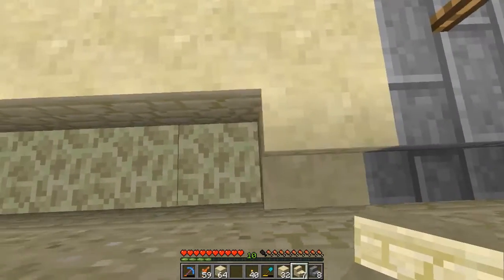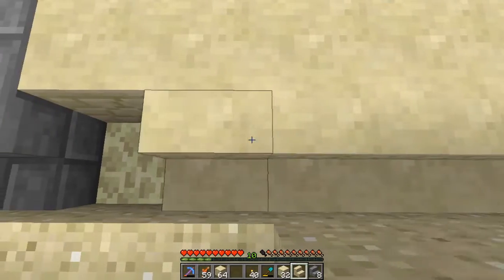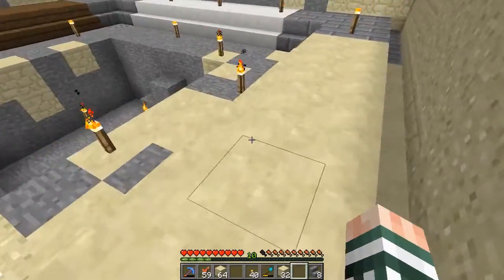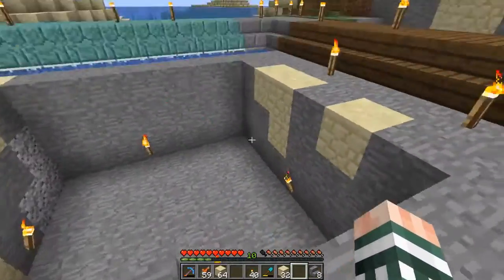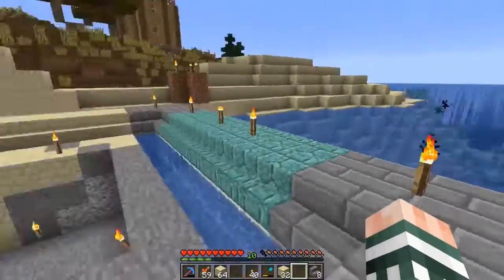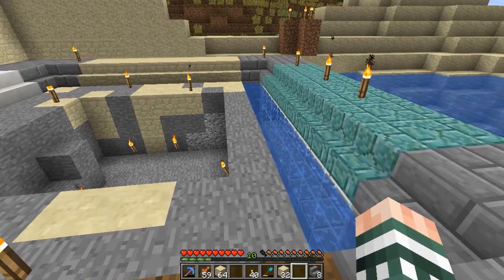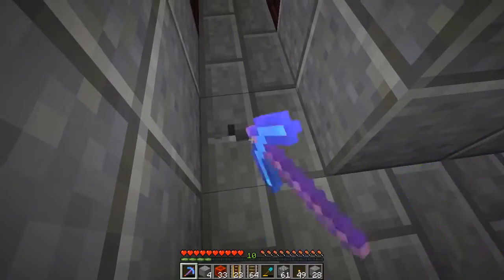But that's not it for the time machine, because of course we need the rail system, and I'm going to be needing the activator, which is right there, which we'll talk about a little bit later. I am going to have rails going all the way through here.